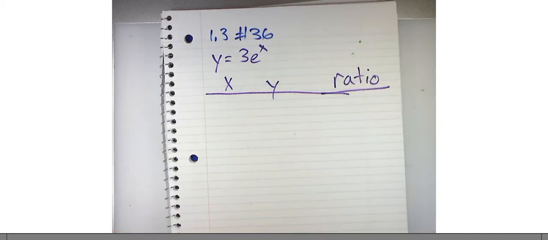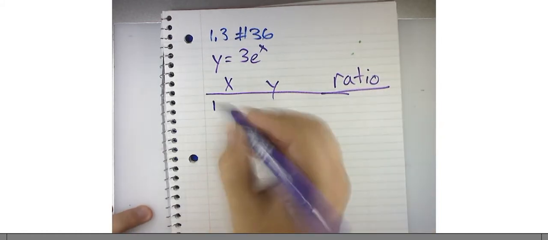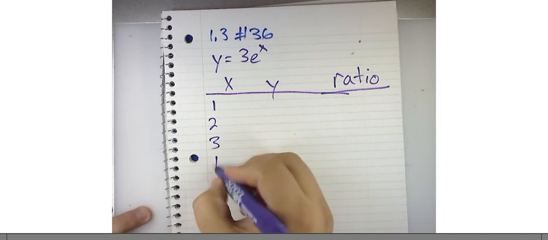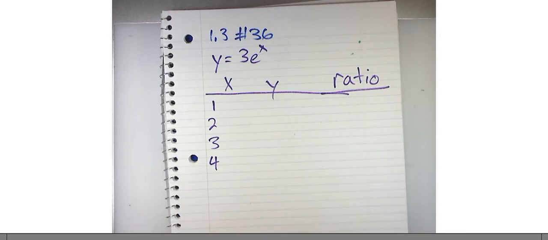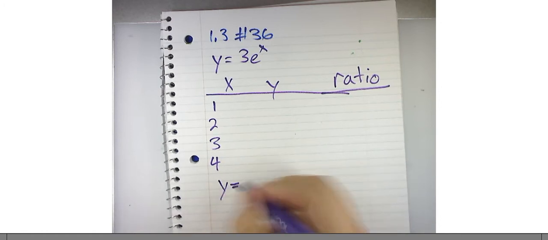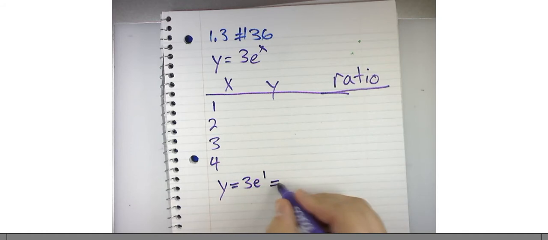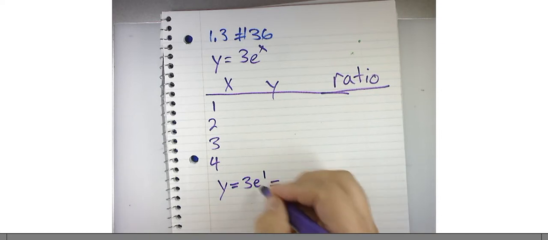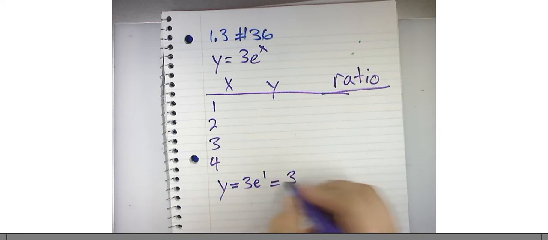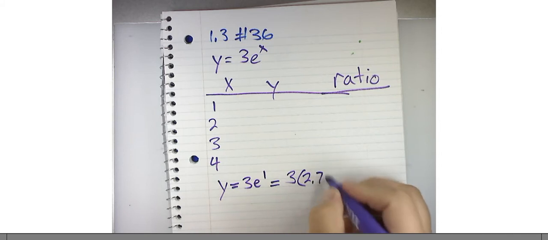In other words, if I let x equal 1, 2, 3, and 4, what I want to do to find the y value, I'm just going to plug that in. So for example, if I said y is equal to 3e to the 1, that's going to be approximately, remember the e is equal to 2.71, it's the same as saying 3 times 2.71.